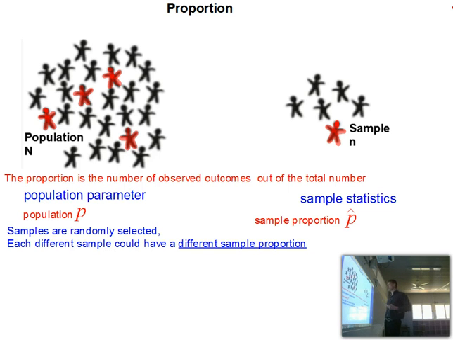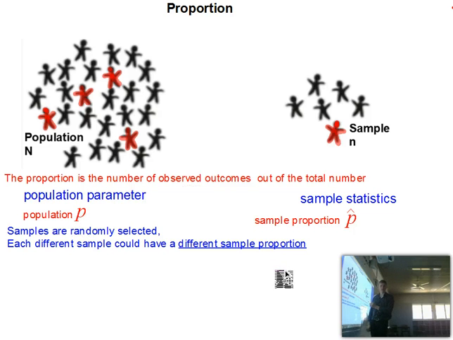So a proportion is the number of observed outcomes out of the total number. So in this case we might have 1, 2, 3, 4 out of our population. Whereas if we just capture a sample of the population, we might get roughly a similar proportion of 1 out of the total we have there, 1 out of the 6.